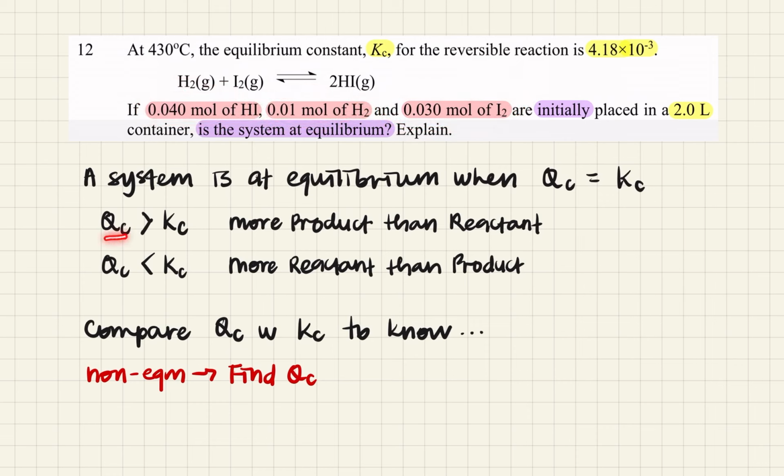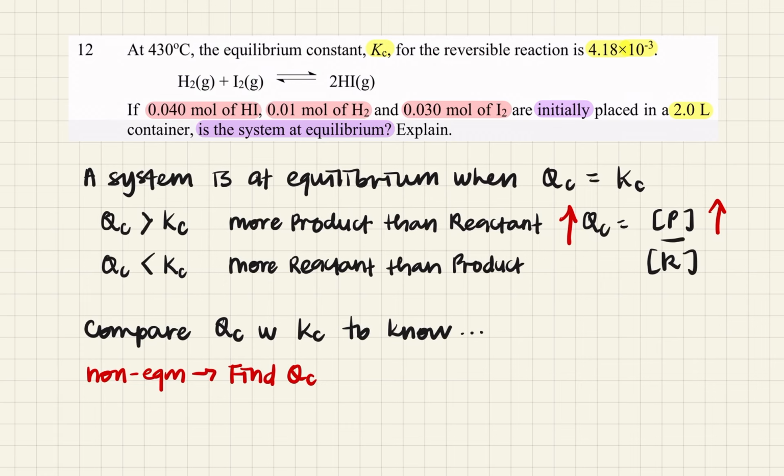If your Qc is larger than Kc, that means you have more product than reactant, because your Qc looks like this, concentration of product over reactant. So if the Qc value is large, you have a lot of product. If the value is small, your product is little, meaning you have more reactant.